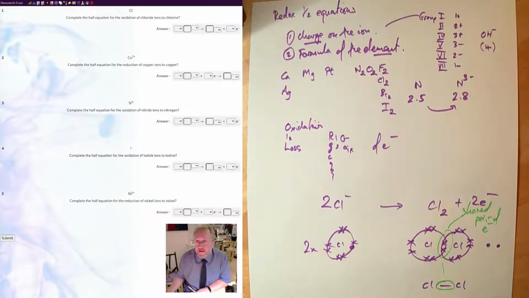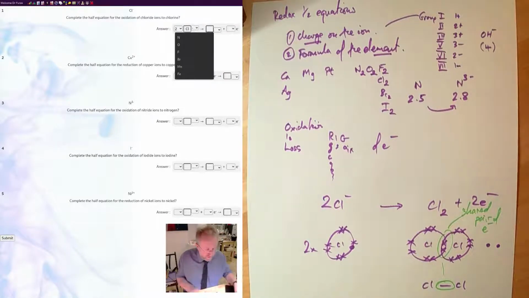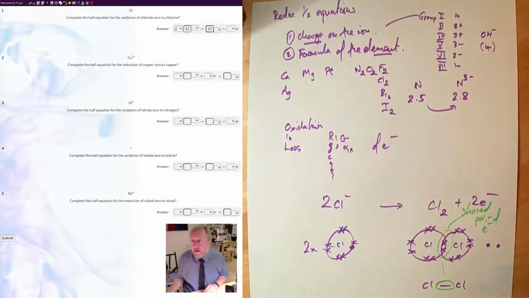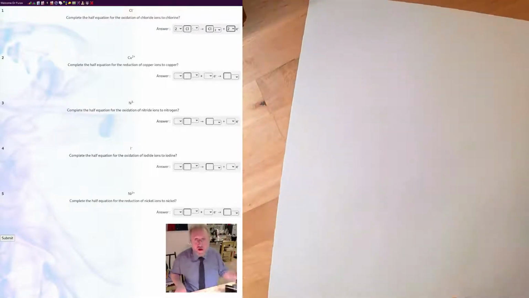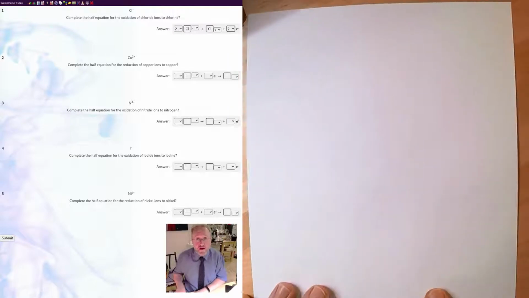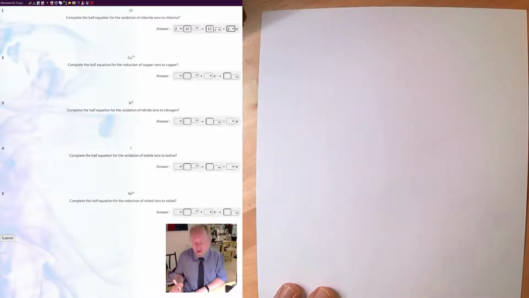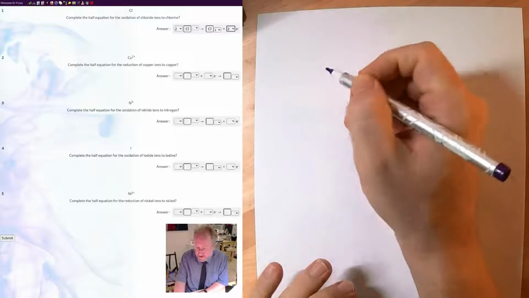So if we put that in, 2Cl minus goes to Cl2 plus 2e minus. Okay, now the next one is copper. So we've got copper, and copper is one of those ions that you do need to learn.